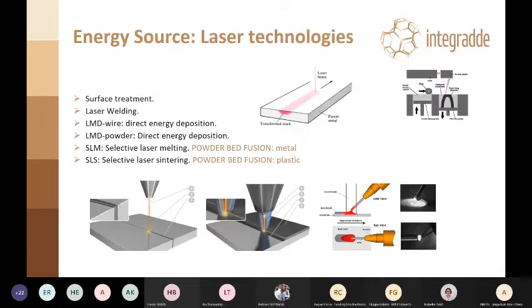And this energy source is used for very different laser technologies. You can use it for laser welding, for surface treatment, also for powder bed fusion of metals, plastics, or polymers. And in our case, in the Integrate project, we are using it for LMD with wire and powder.